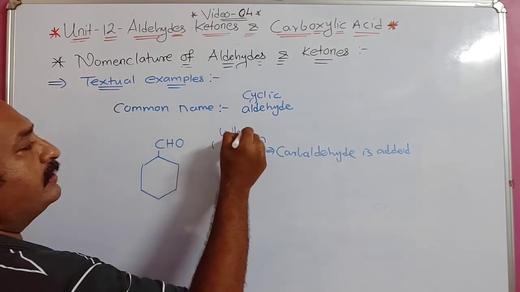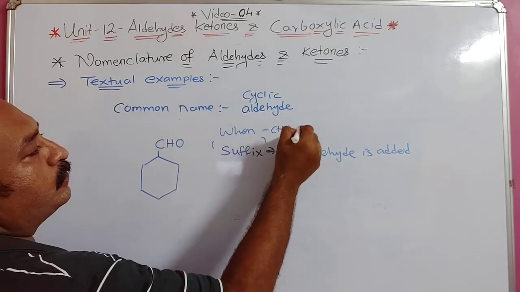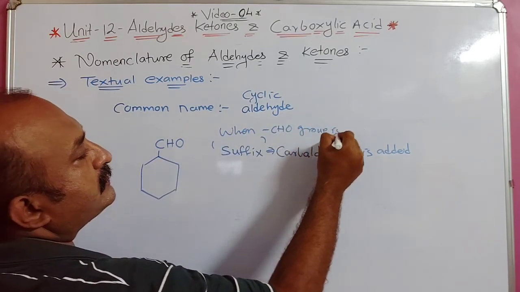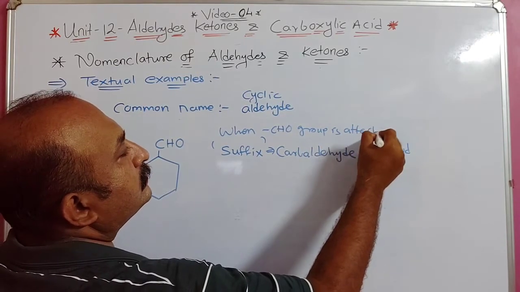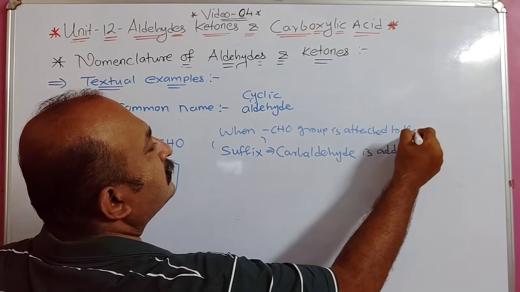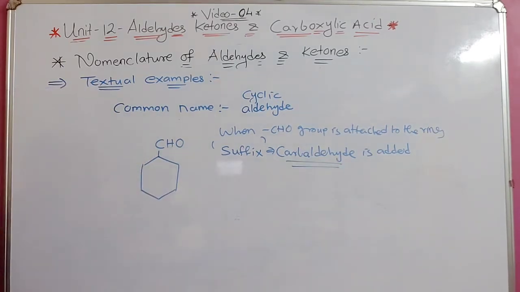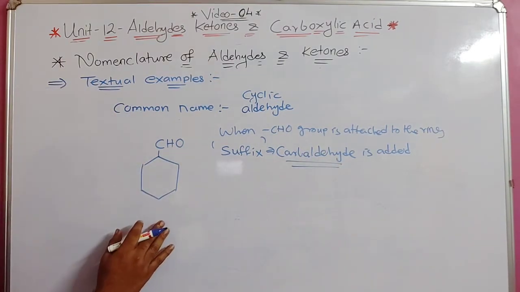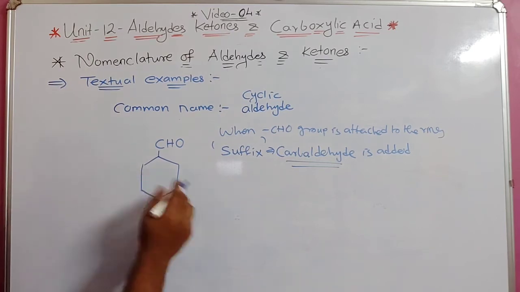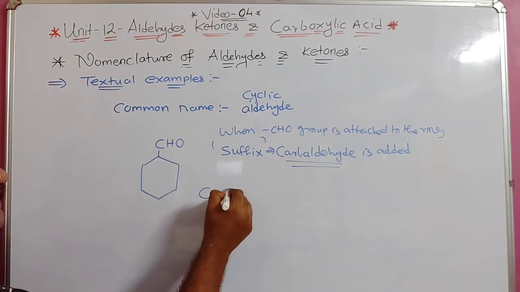Clear? When an aldehyde group is attached to the ring, the carbaldehyde suffix is added. Means if I want to write the name of this, now this is cyclohexane. So what will it be?